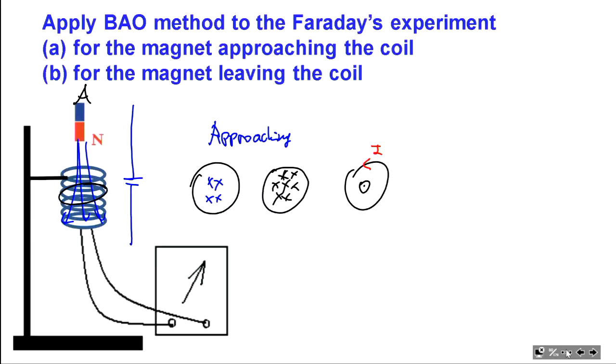Now, we can make it positive or negative, and naturally, of course, if we choose the area vector in the direction of induced magnetic field, we make it positive. So this is current, and that's the first part of it.